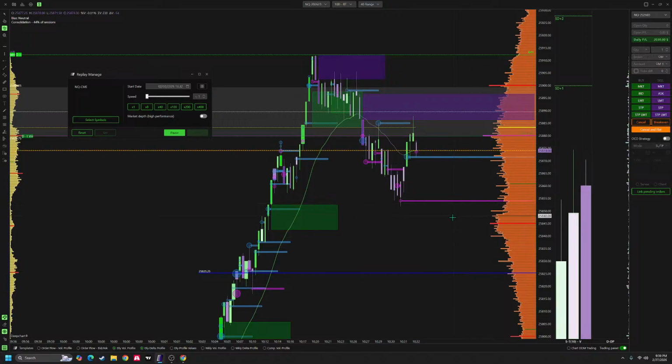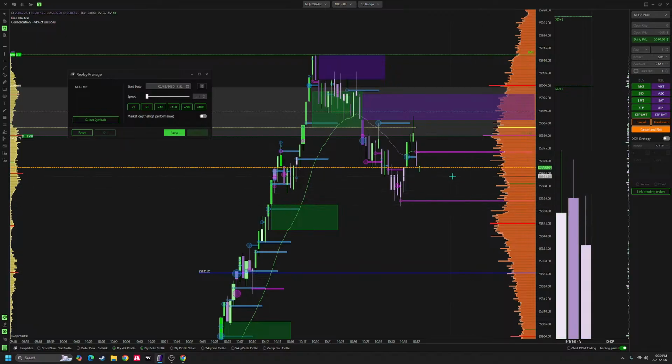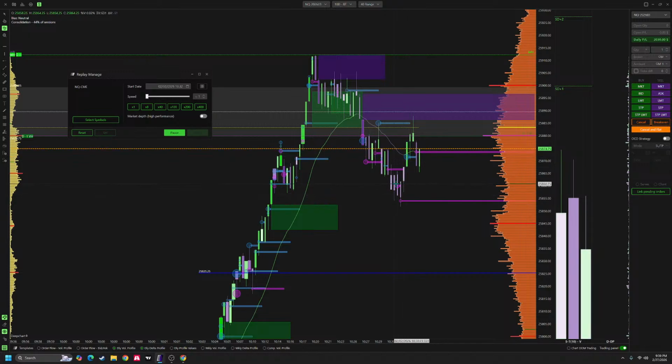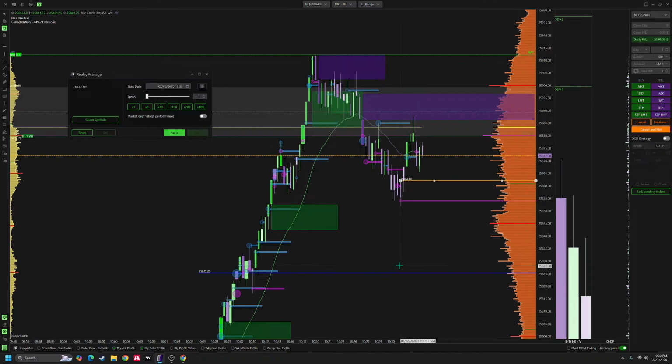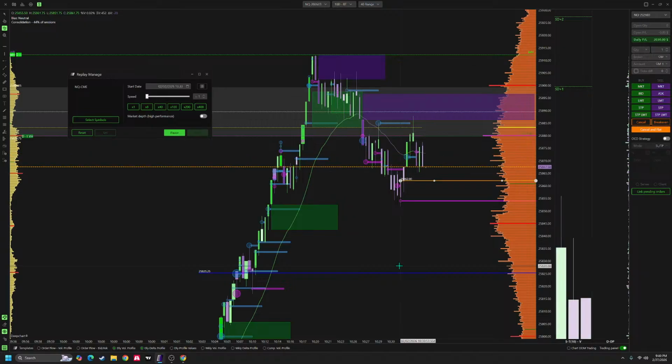I didn't want to get out yet. I didn't even have time to drag my stop down. Good trade. But I'm out of it now. But I would have basically taken it probably down to right here where the aggressive sellers got absorbed. So above there, likely right here. Too late to re-enter though.